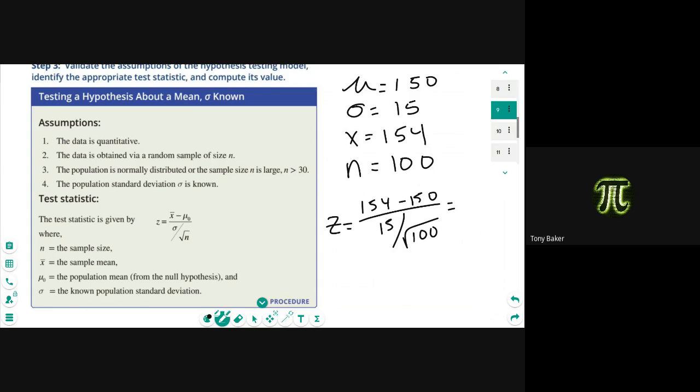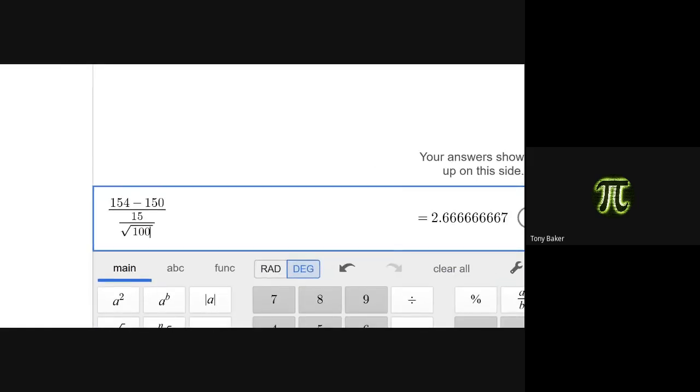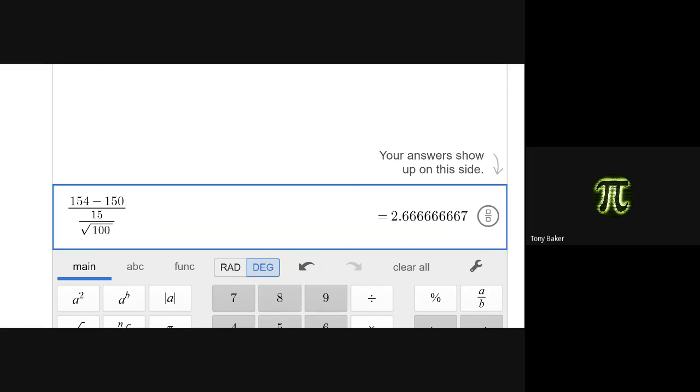Remember, in Desmos, type it in. You can set this formula up, since you're going to use it a bunch in chapter 11, and just type the numbers in. So we got 2.6, and since it's a z-score, we round to 2 places, so it's 2.67.